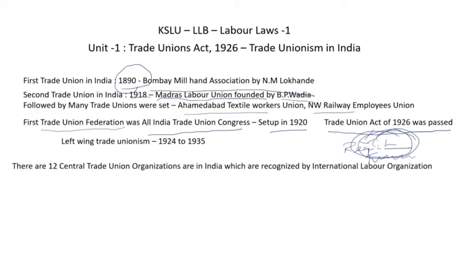After independence until now, there is almost a history of 100 years, 100 plus years, in Indian trade unionism. There are 12 central trade unions, which are federations of trade unions, called CTUs, which are recognized by the International Labour Organization.